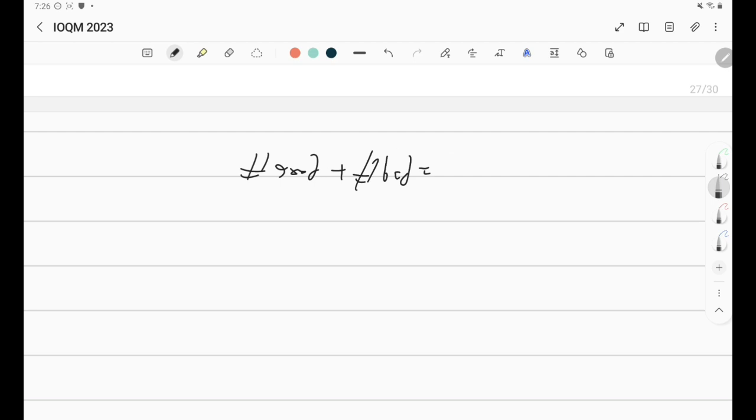How many ways to pick 4 numbers from 1 to 20? It's just 20 choose 4. If we can find the number of bad, that's the number of balanced, then we know the number of goods.